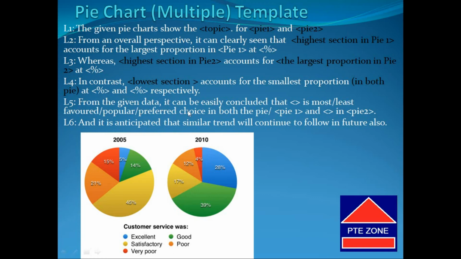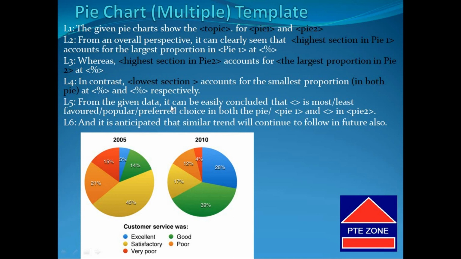Now the last two lines are almost similar. From the given data, it can be easily concluded that, let's say yellow, you can see it's 45 here and it's 70 here. So you can say from the given data, it can be easily concluded that satisfactory is most popular in both 2005 and 2010.